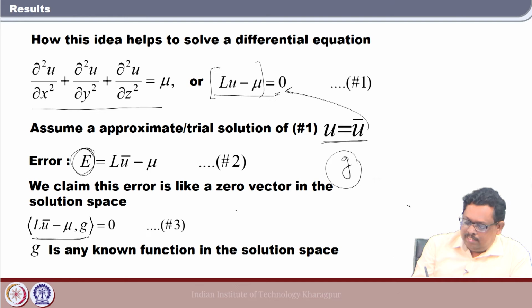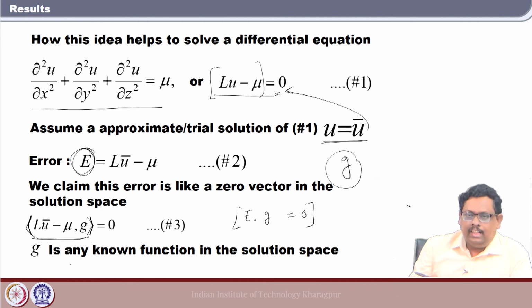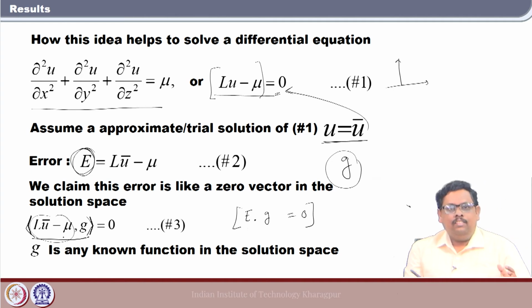So, the idea is I am simply telling that the error dot G should be equal to 0 if it is a vector, but it is not, it is a function, so I am using this symbol to define that. This E dot G means that E and G are orthogonal to each other, normal to each other. So, I can say that this error is orthogonal to G. It means that this error does not belong to the space. Now, this is the basic key aspect of the finite element method.